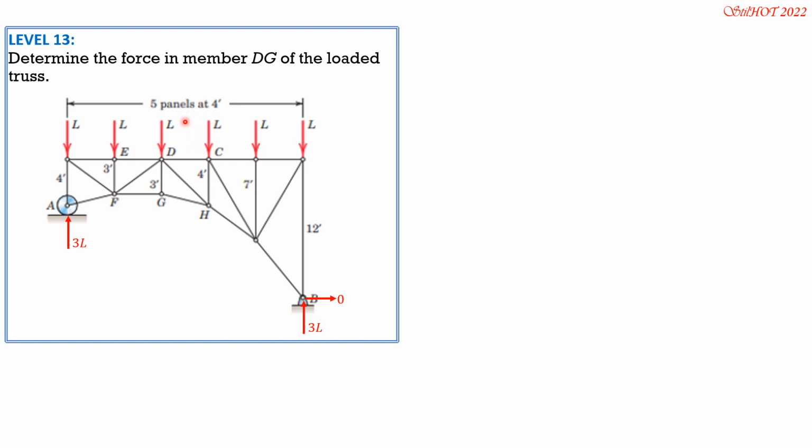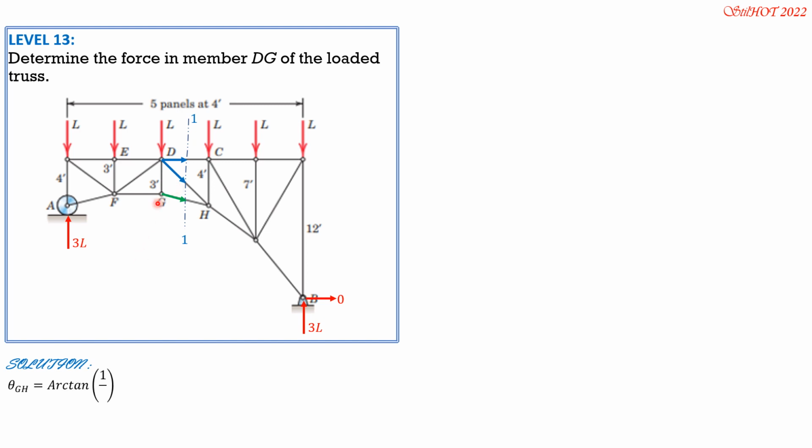So we consider this section 1-1 and all forces to the left. This is FGH and these are the other forces involved. So we sum up moment about D, moment D equals 0. Since these three loads are still symmetrically applied, we can remove them and replace them with 3L here at E.